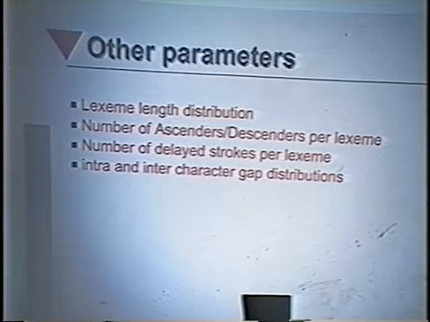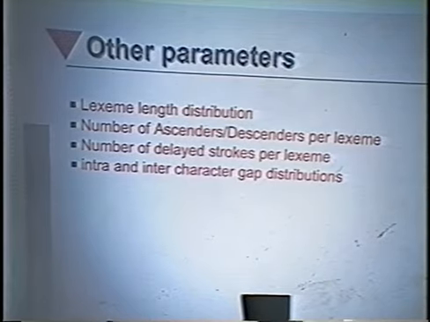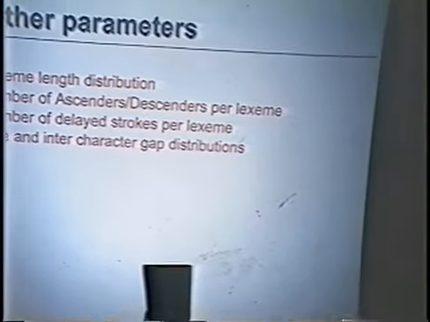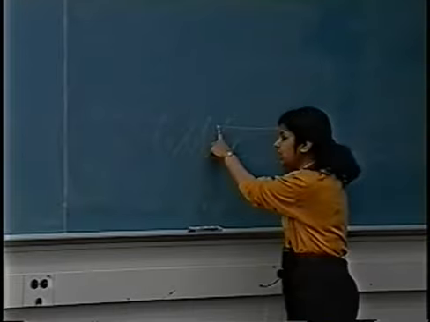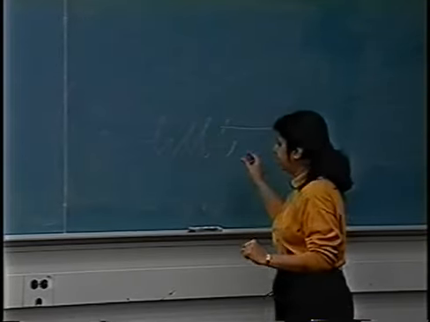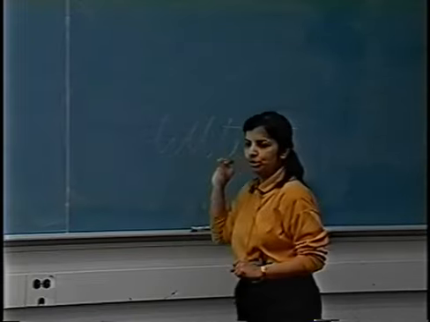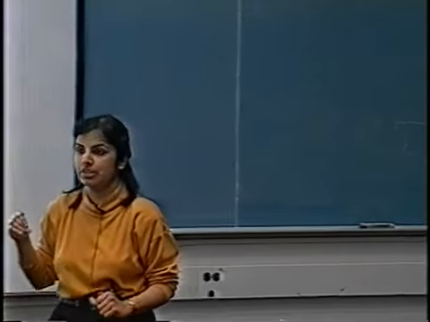There is no fixed position for delayed strokes, because people can come back and cross their T's much later. This is a very common phenomenon where people would write something like this and come back and write their T cross all the way at the end. So you don't know which piece of letter this actually belongs to. So the problem of assigning the delayed stroke to the body stroke that it actually belongs to is a non-trivial task.